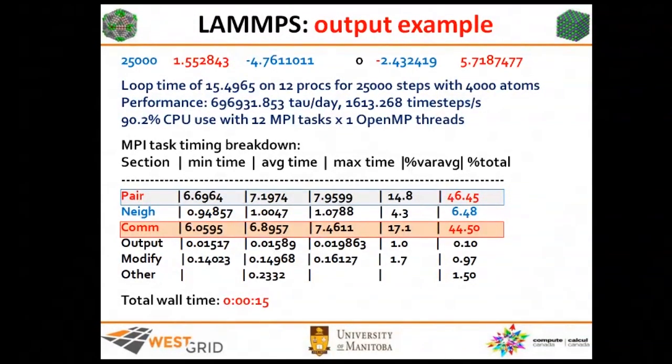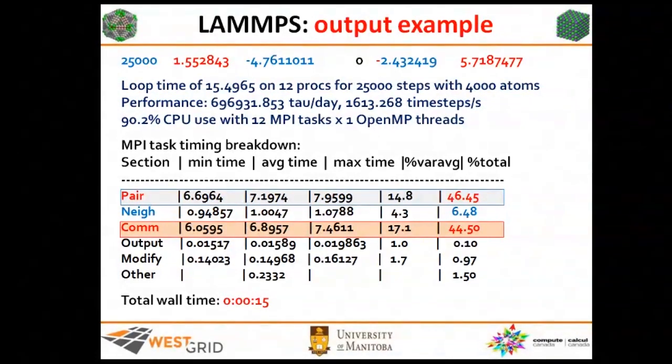For example, for this system, I have used 4,000 particles and so on. At the end of the simulation, there is a small table where it prints pair, neighbor, communications. It gives you the time spent in each part of the program. For example, in this example, I used, I think, 12 cores.